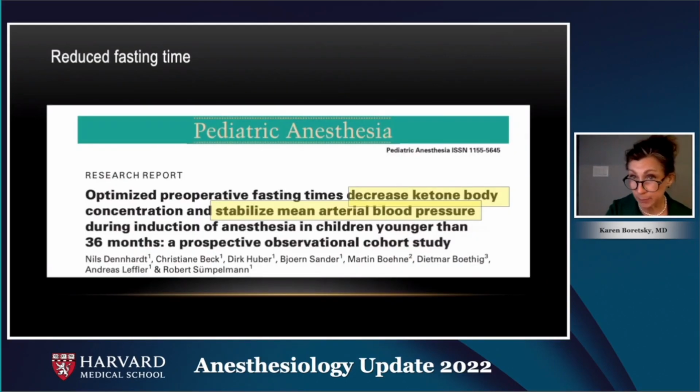At least in the pediatric literature, we find that by optimizing our preoperative fasting times to shorter durations, we can decrease ketone bodies and have better stability of our mean arterial blood pressure, which means we really need to take a good look at our NPO guidelines to optimize this.